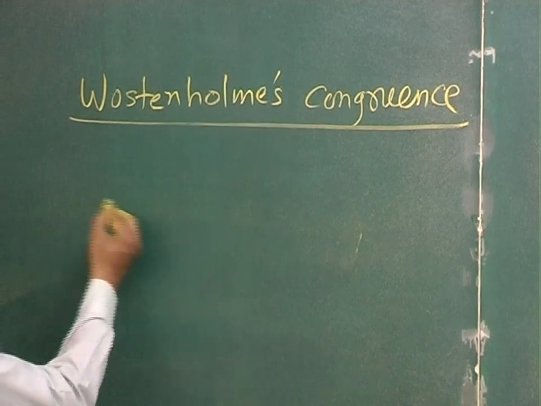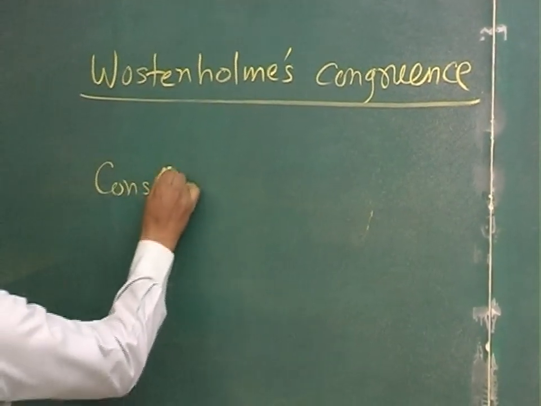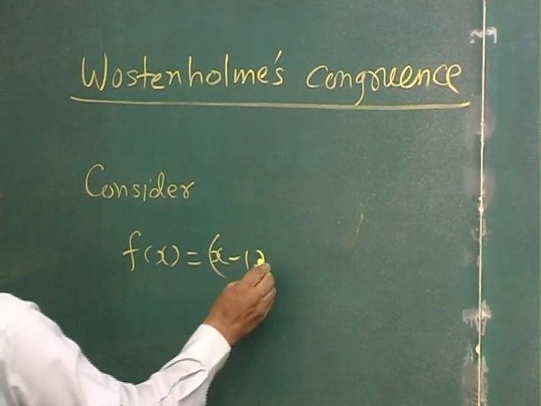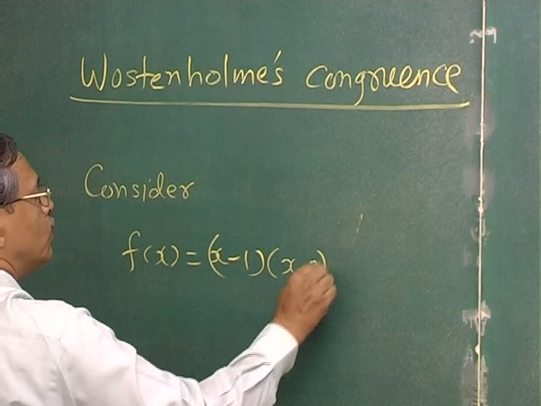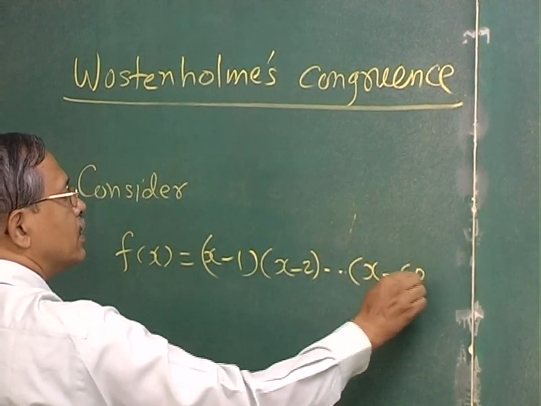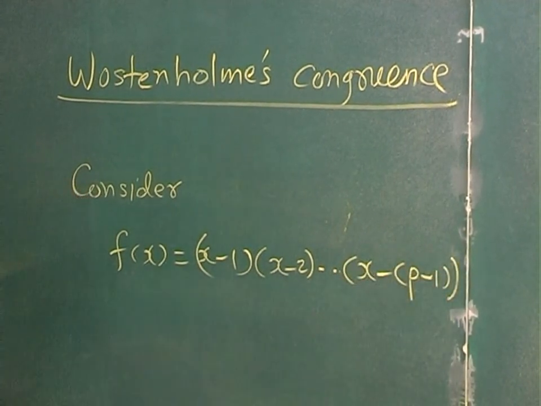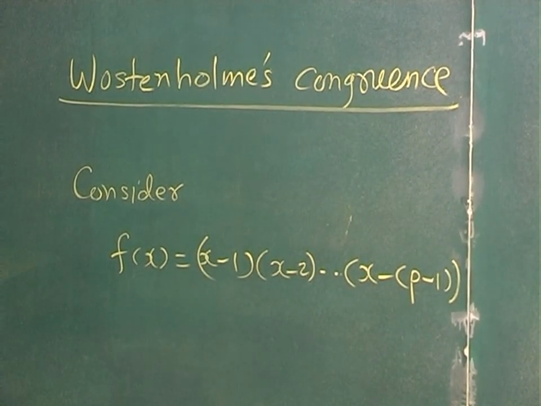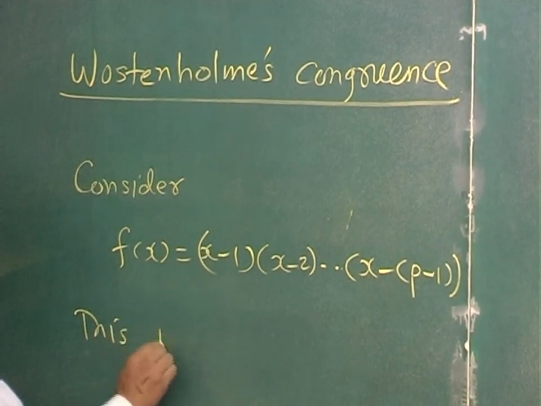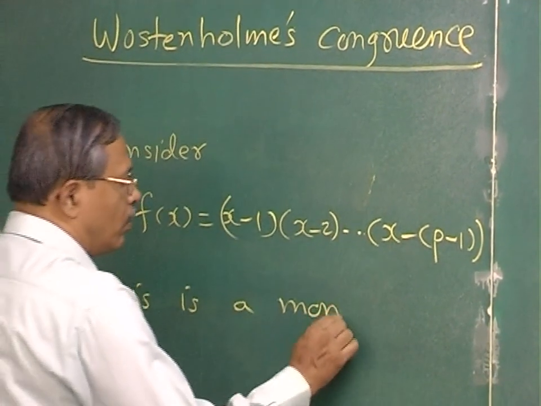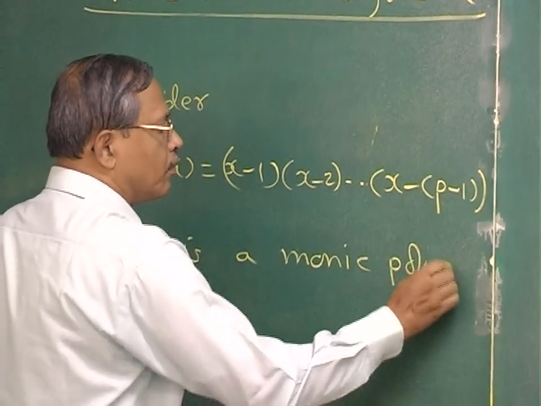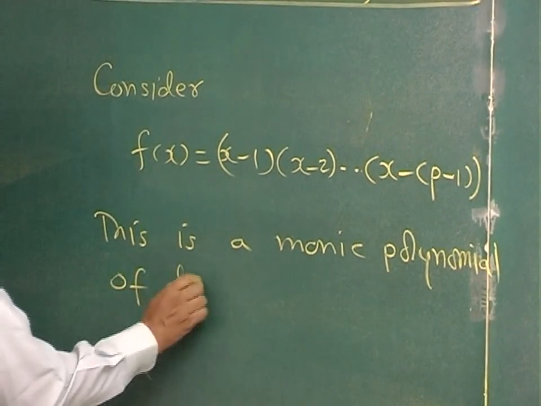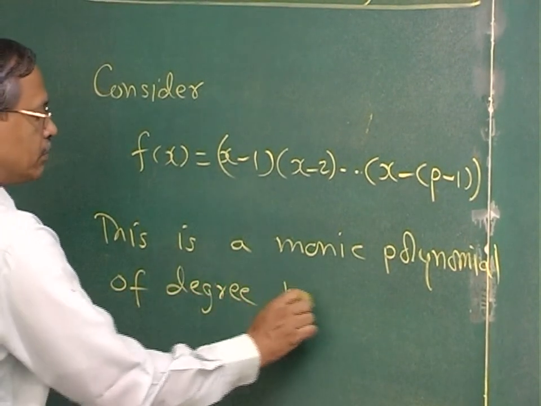So consider f(x) equal to (x minus 1)(x minus 2) etc. (x minus (p minus 1)). This is a monic polynomial of degree p minus 1.